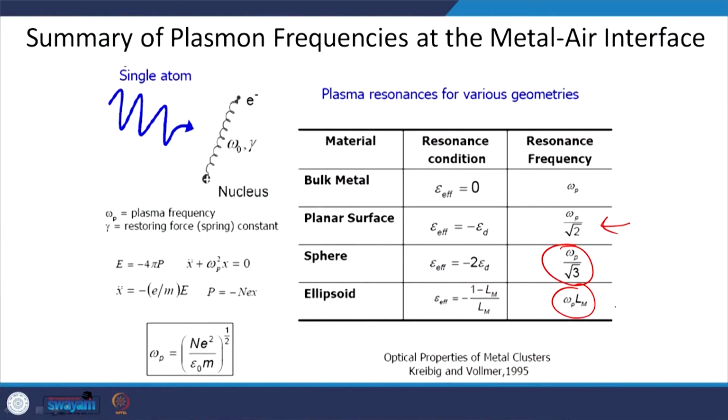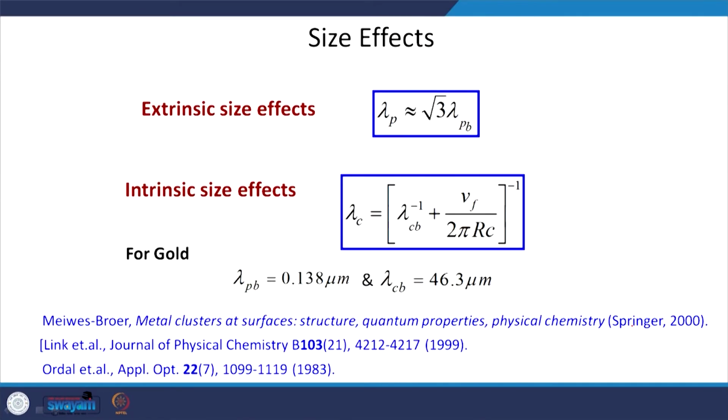If you have other shapes, then it will be a function of that shape. So, omega p was omega p b by root 3, this implies that lambda p will be root 3 times lambda p b. That is what we have written here. This is called the extrinsic size effect. It is not dependent on the size of the nanoparticle.